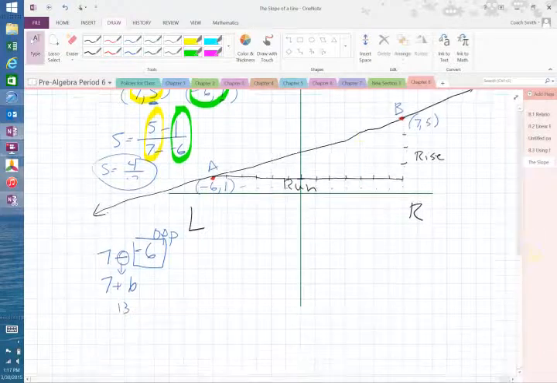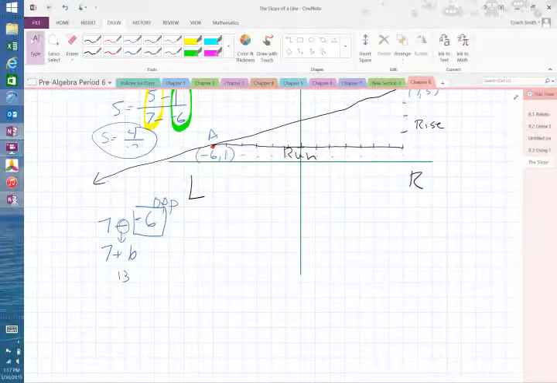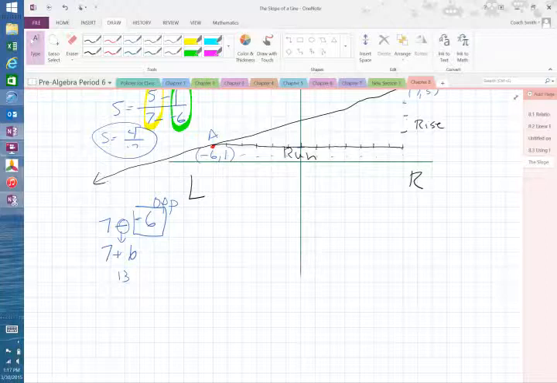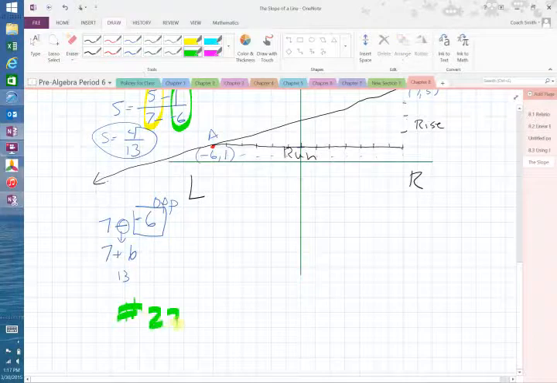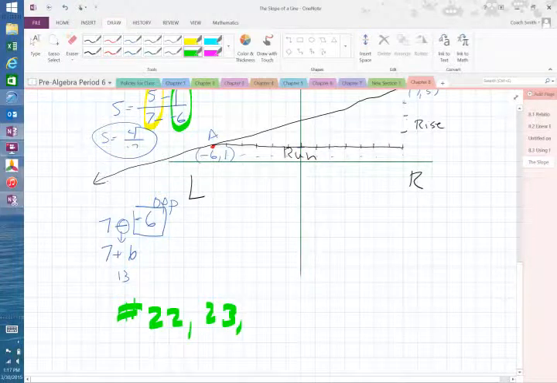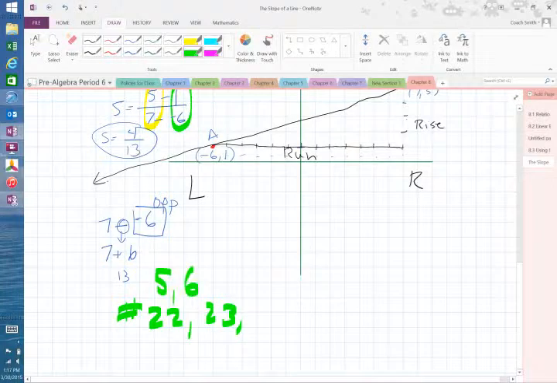All right, I want you to break in your groups from the other day, and I want you to try these three problems. Okay, break in your groups from Friday, and I want you to do problem number 22, 23, and 5 and 6.